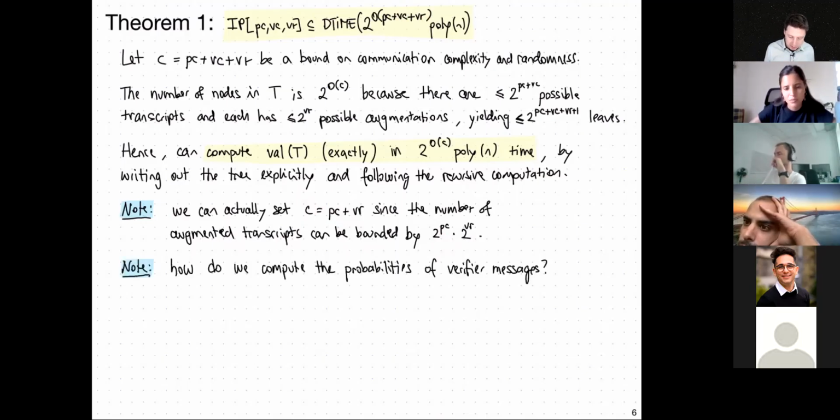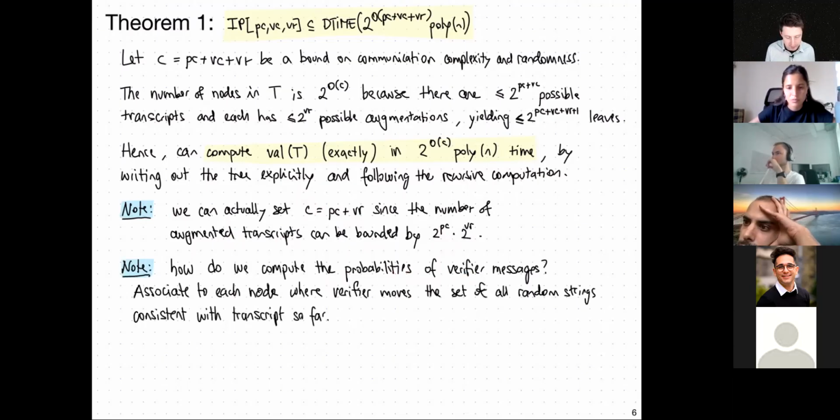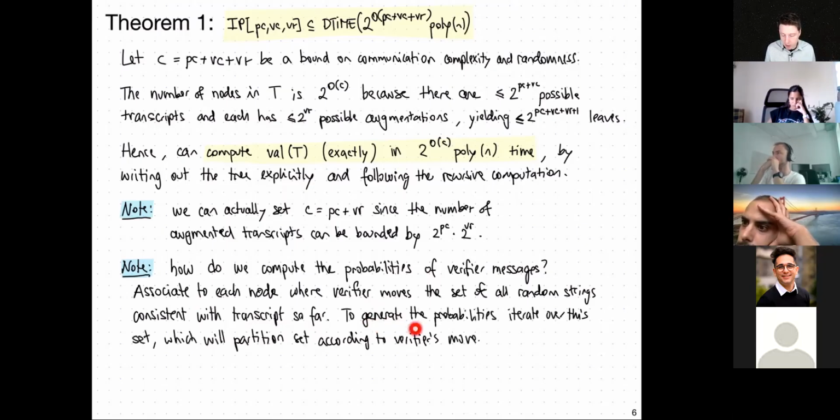And maybe just to really drill in, how do we compute the probabilities of verifier messages? Well, we can associate to each node where the verifier moves the set of all random strings consistent with the transcript so far. At the very beginning, we have all of them. As we continue, we keep dropping the verifier randomness that is inconsistent with messages so far. To generate the probability, we iterate over this set, which partitions according to the verifier's move.